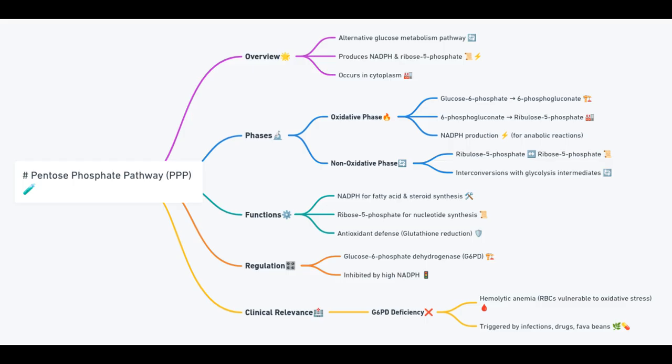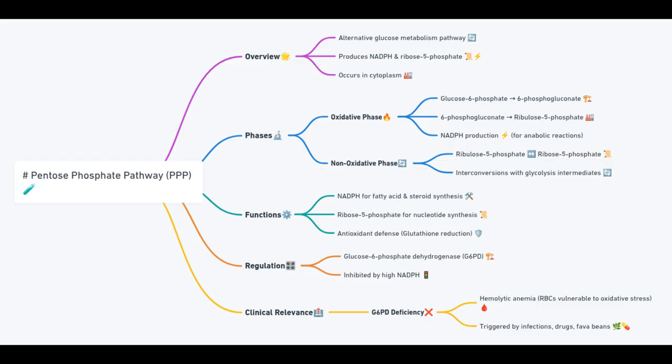So remember the pentose phosphate pathway, or the hexose monophosphate shunt or pathway, or the phosphogluconate pathway, its function is to supply reducing equivalents, that's the NADPH for biosynthesis, and pentoses for DNA and RNA biosynthesis.